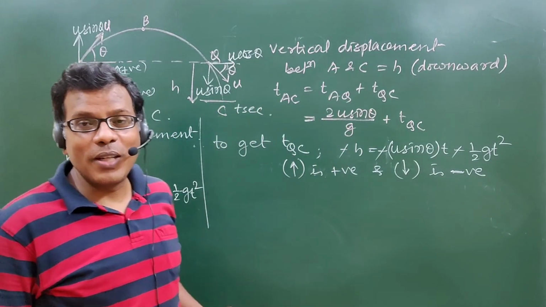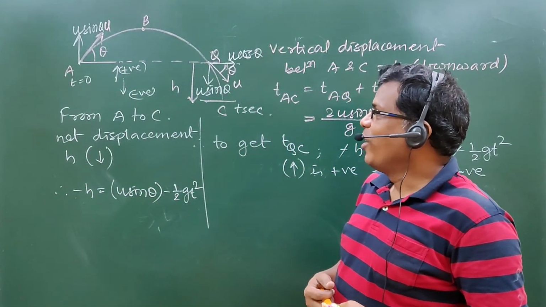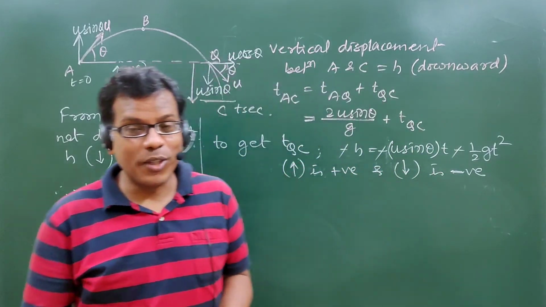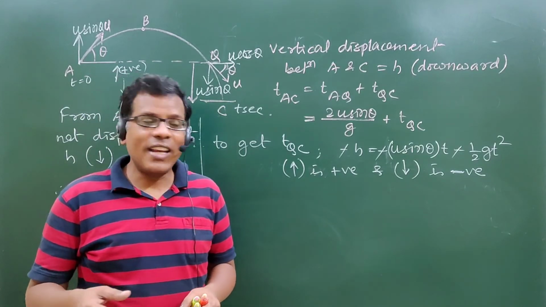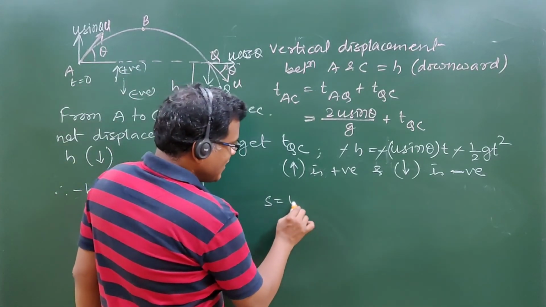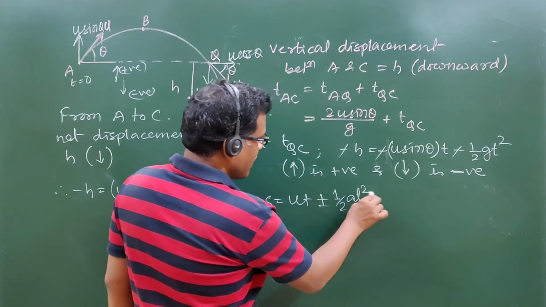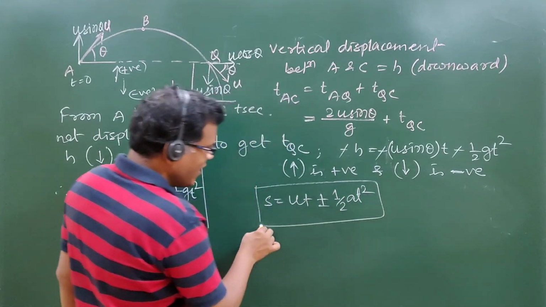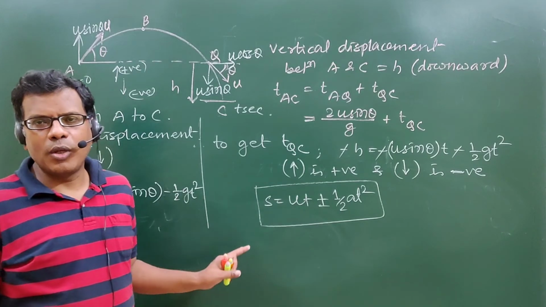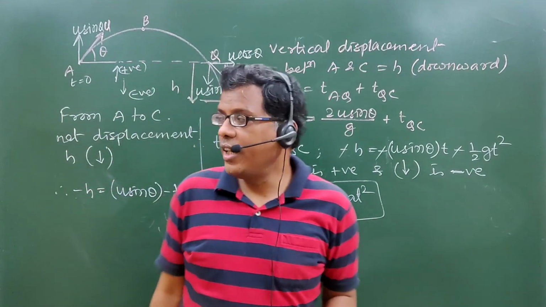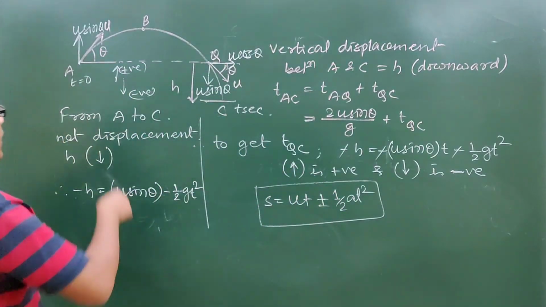Are you getting it? So ultimately what we have come to know from this lecture is that whenever initial point and final point are appearing at two different levels, then using the vertical separation and using the general formula s is equal to ut plus or minus half at square can be used along vertical to find out the time of journey between initial and final. Not only this formula will be used in finding the total time of flight between initial and final, rather between any two intermediate points.